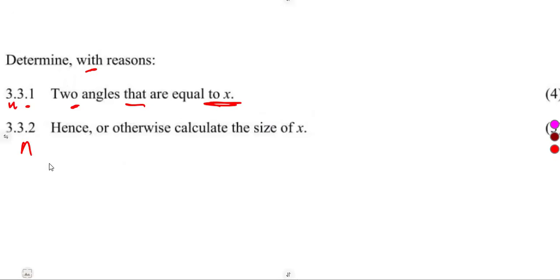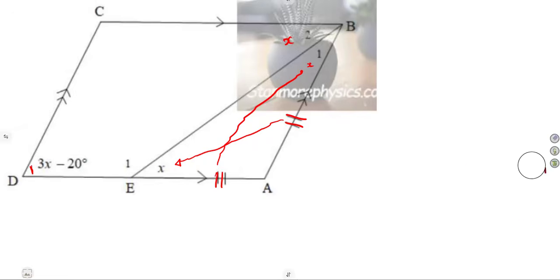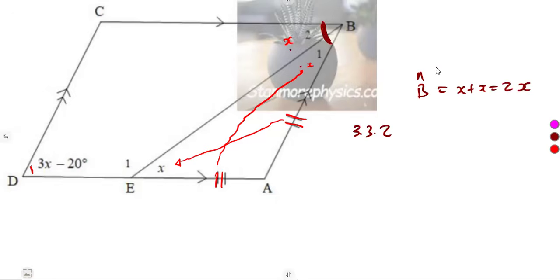All right, 3.32, hence or otherwise calculate the size of X. Are we going to use those two angles? If there is any other way, but they said hence or otherwise. Remember angle B1 and angle B2 are equal, and that's equal to X. So the whole of angle B is equal to X plus X, which is 2X, because B is the sum of angle B1 plus angle B2.